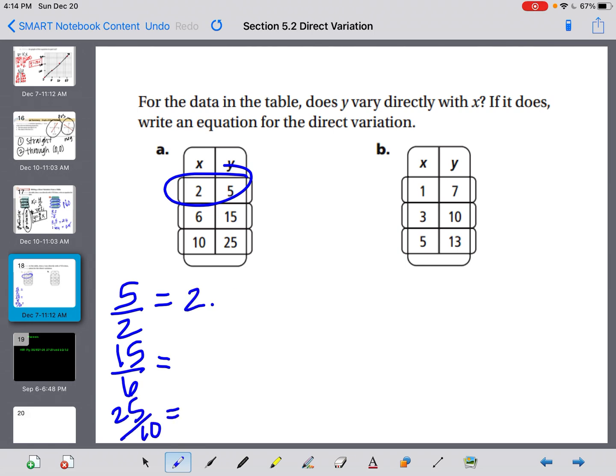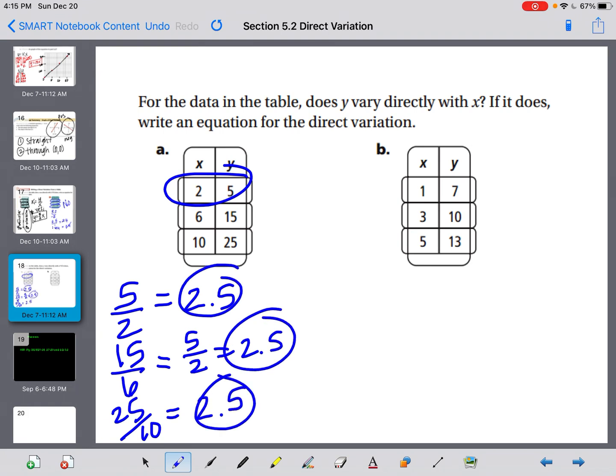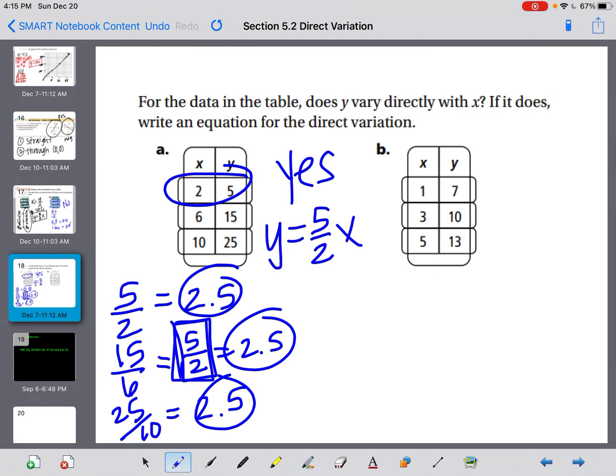Okay, well, 5 divided by 2 is 2.5. 15 divided by 6, if I simplified it, divided them both by 3, I would get 5 over 2, which is exactly the same as 2.5. And 25 divided by 10 is also 2.5. So since these are all the same, this is a yes. And my constant of variation, we want to write it as like a slope, a rise over run. So it's going to be y is equal to 5 over 2x.